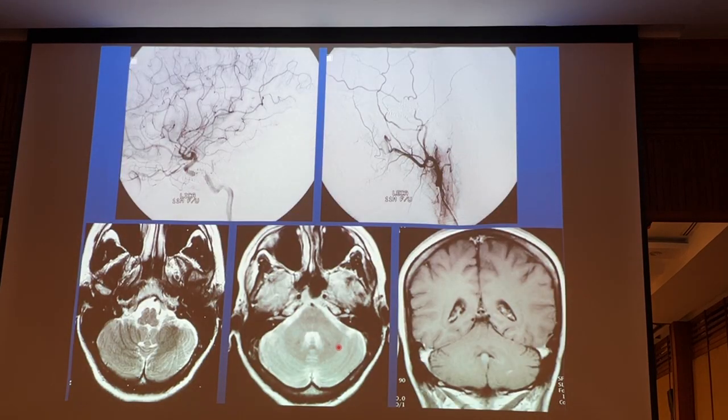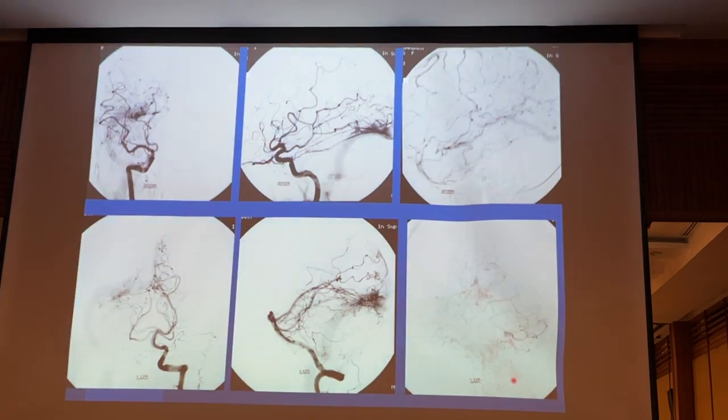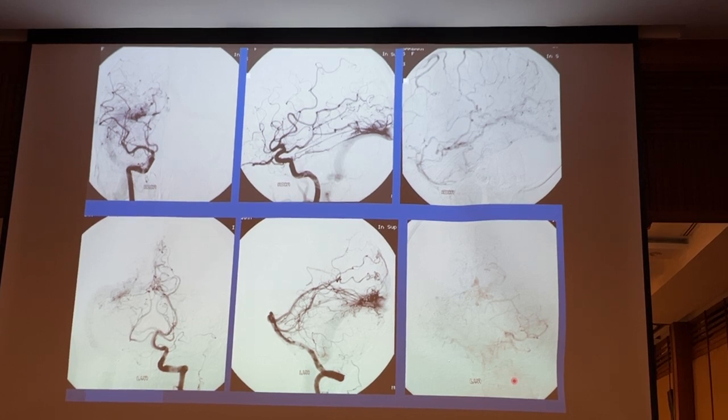That was the final result, and the patient resolved, leaving a little infarction in the cerebellum. This is a patient who had multiple episodes of dysarthria, and certainly the patient had this dural shunt at the transverse sinus. You can see supply coming from the tentorial branch.